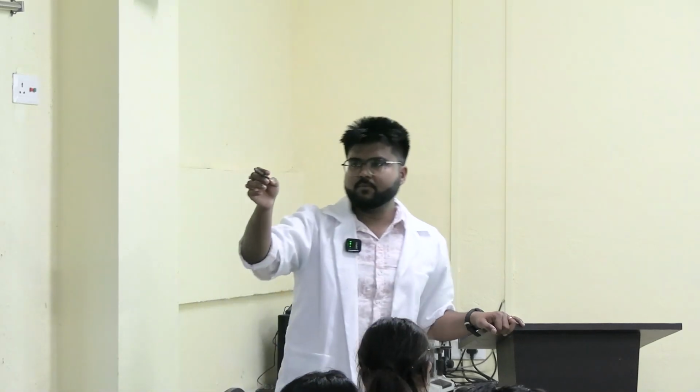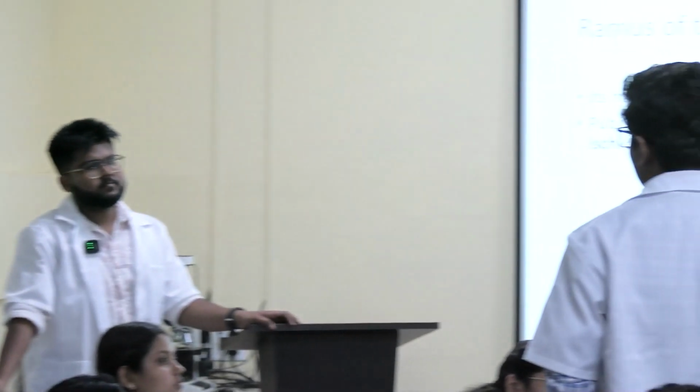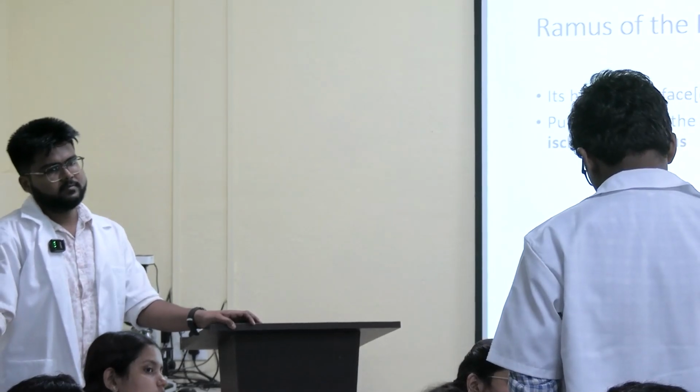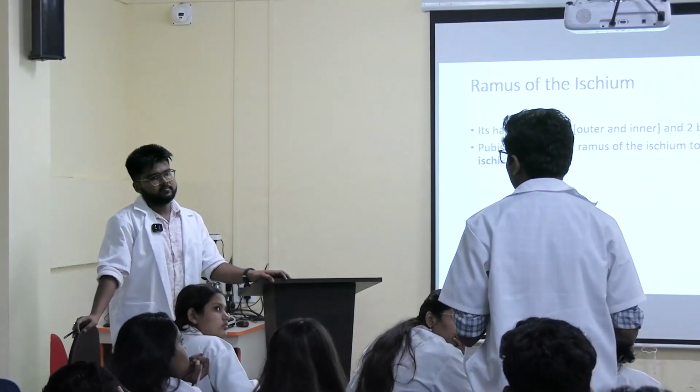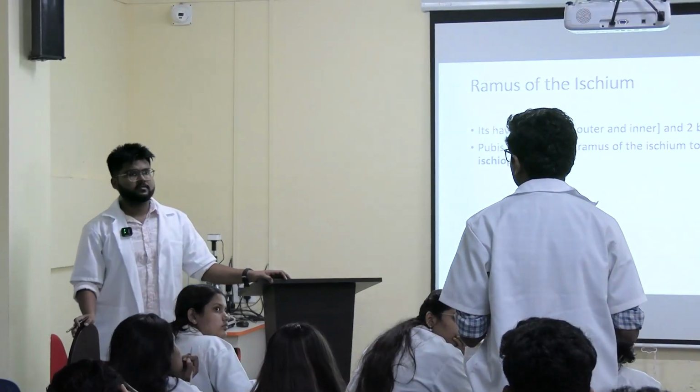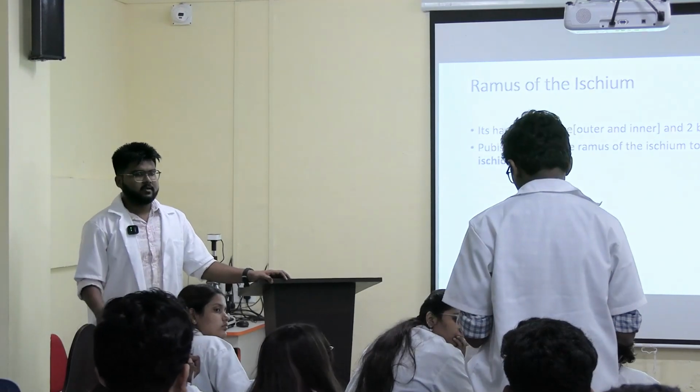So this is the left sided bone. Acetabulum should be covered with these four fingers. This is right side. And this ilium should be superior. And the ischium should be.